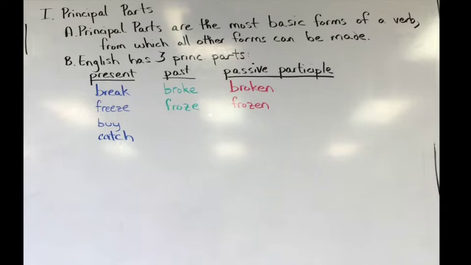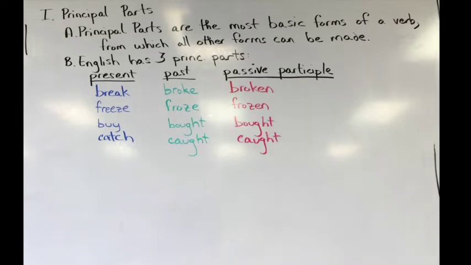If you got the correct forms, they are bought for both the past and passive participle, and caught for both the past and passive participle. Notice how if you were a speaker of another language learning English as your second language, you would not be able to follow simple rules to get from the word buy to bought or break to broke. Rather, you have to memorize these principal parts.